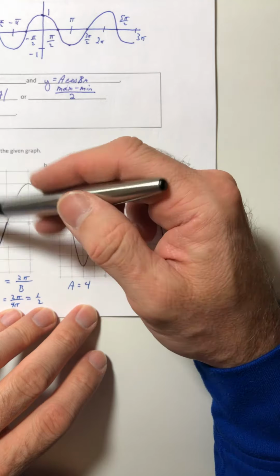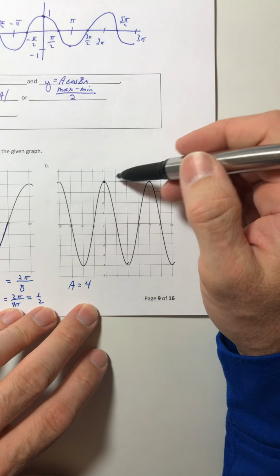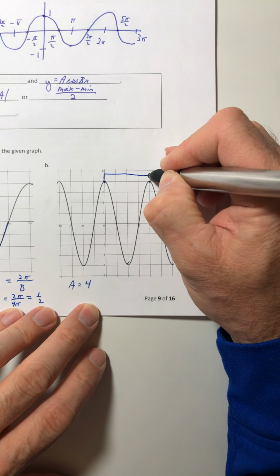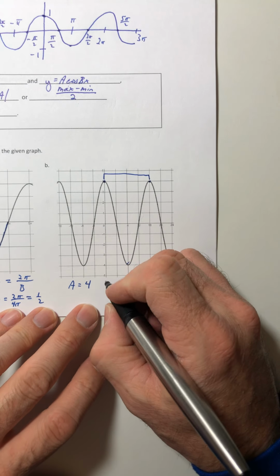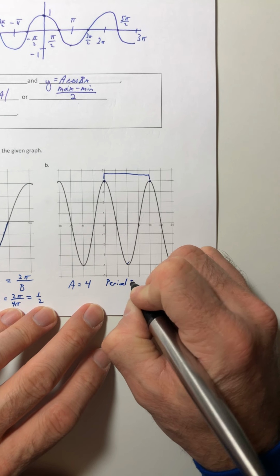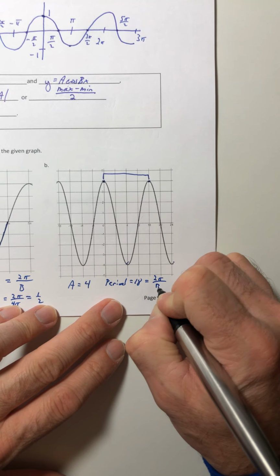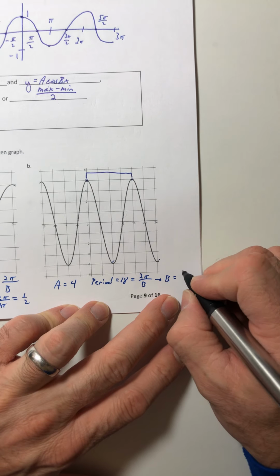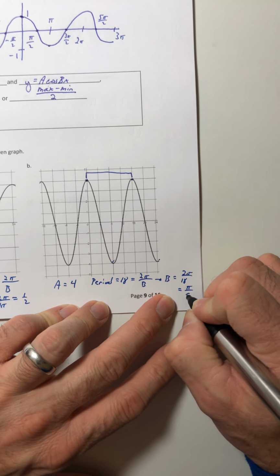If you're going off of the origin, it's kind of like you have to get 3 intercepts, but top to top, people can get that pretty well. So from top to top, that distance there looks like it's 18. So set it equal to 2 pi over b. So b is 2 pi over 18, or pi over 9.